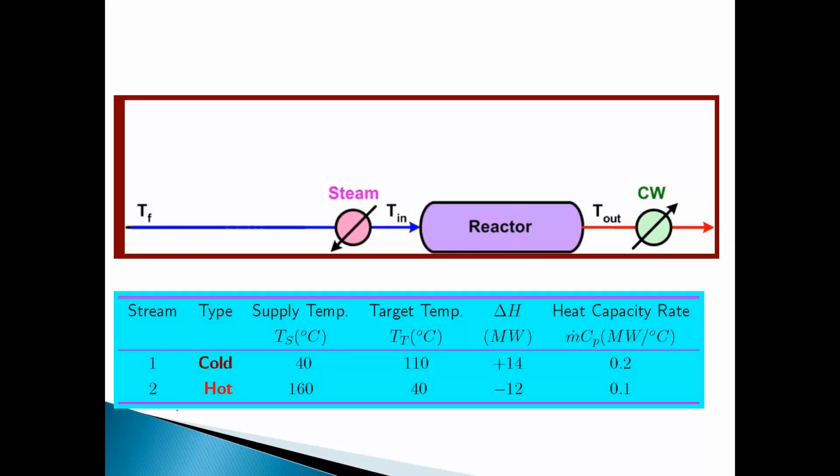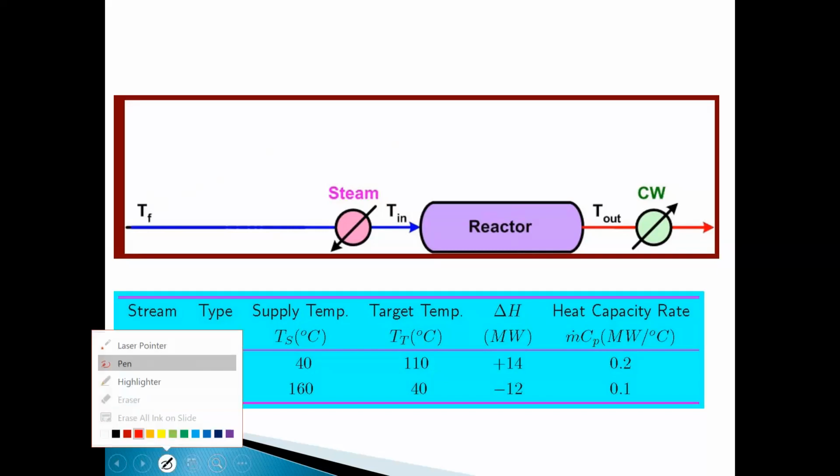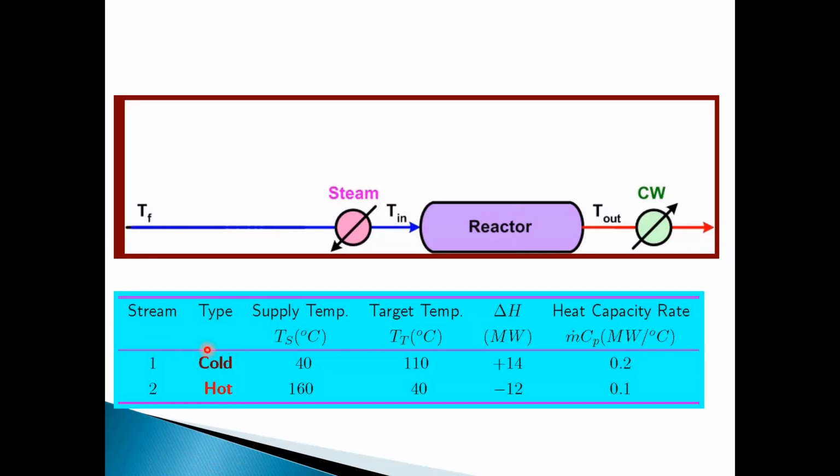We write the supply temperature and target temperature for all of them. Then we also need to find the heat capacity flow rate. And of course, after that, you can get the duty, or you have the duty and you get the heat capacity flow rate, either way. You need to tabulate only the process streams in the table.